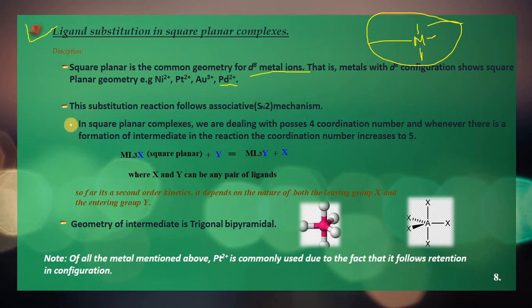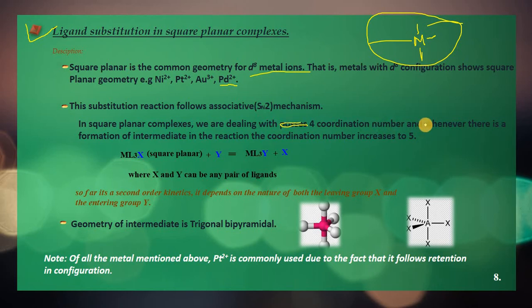That is why I was able to lay a template in my seventh slide, where I talked about associative, which is SN2. We will be using it here. So the substitution reaction for square planar complexes tends to follow the associative mechanism. And let's explore more. In square planar complexes, we are dealing with a four coordination number.